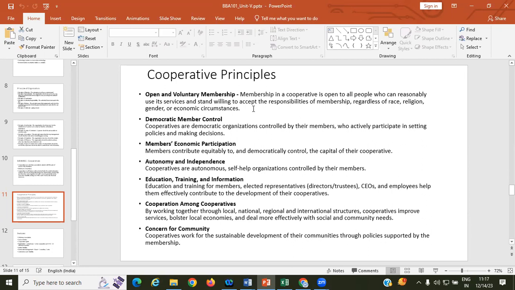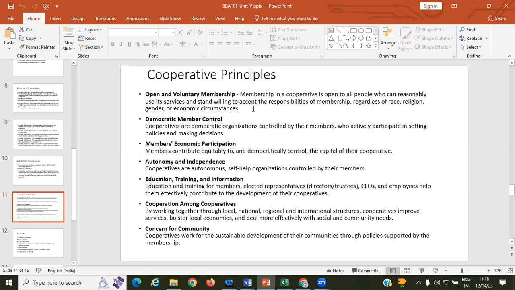Whoever the members are in that organization, they control everything: their execution, their targets, their goals, their objectives, whatever they have in the financial year. That is why it is called autonomy and independence. The members independently control all the activities of the society.